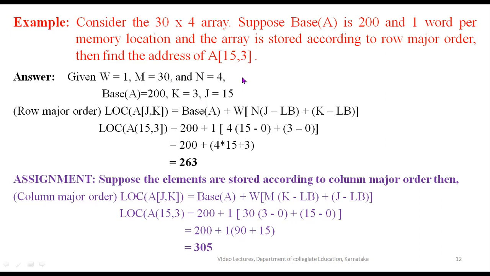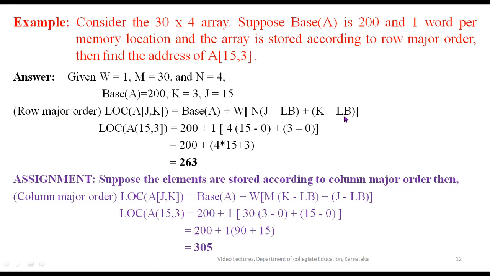Now, if the elements are stored in row major ordering format, we use the formula, that is location of A of Jk is equal to base of A plus W of N into J minus LB plus K minus LB.